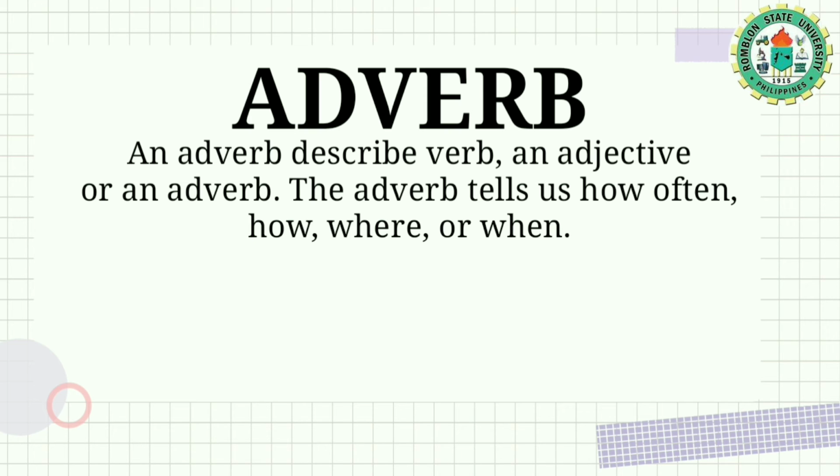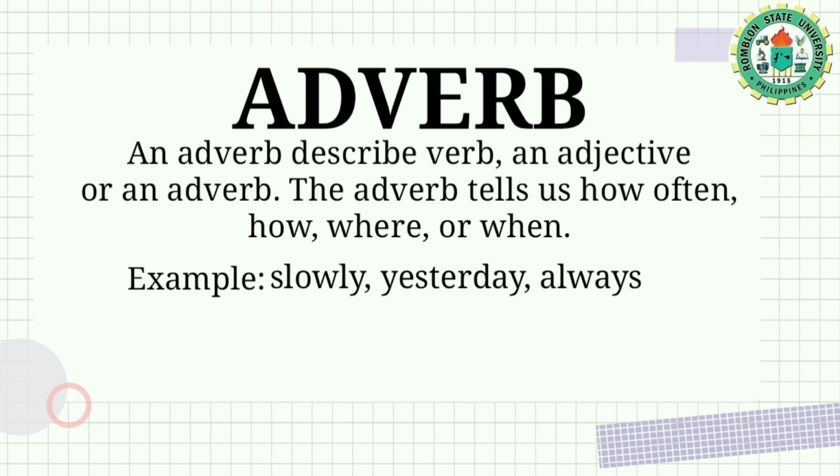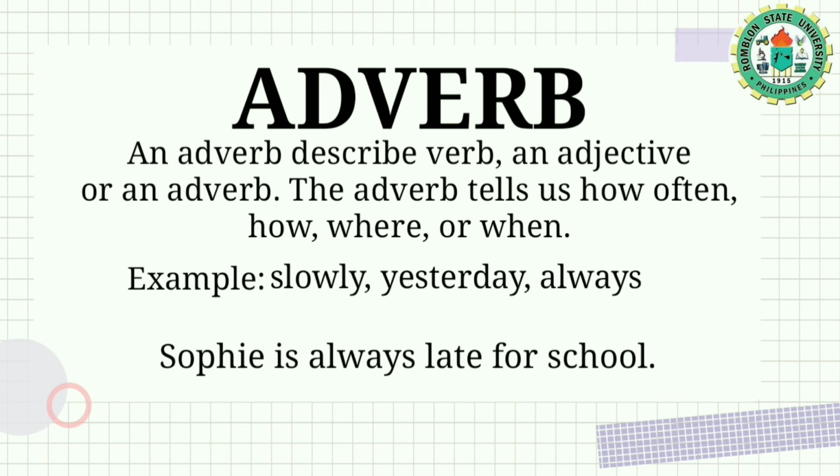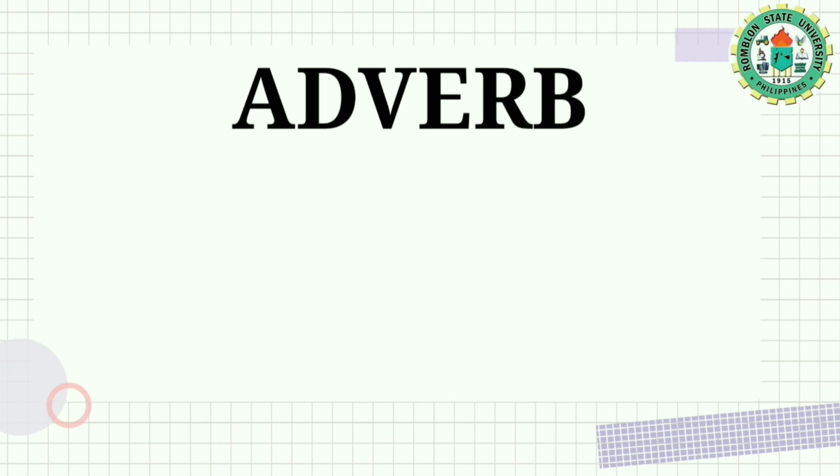The adverb tells us how often, how, where, or when. For example, slowly, yesterday, always. Sophie is always late for school. The adverb in the sentence is always. It is also important to note that late is an adverb and an adjective.